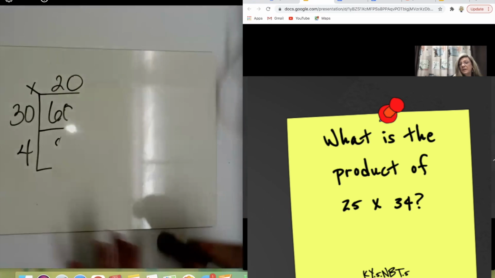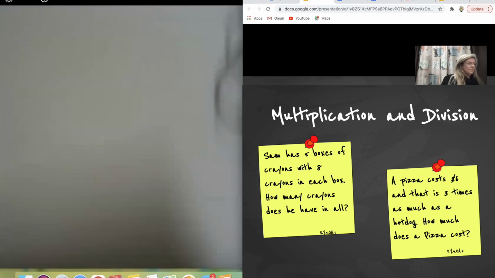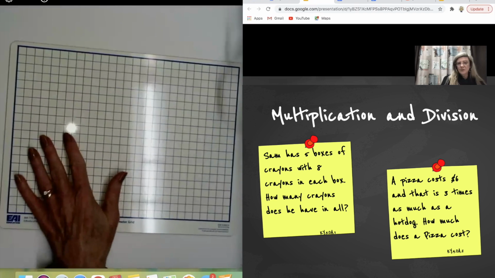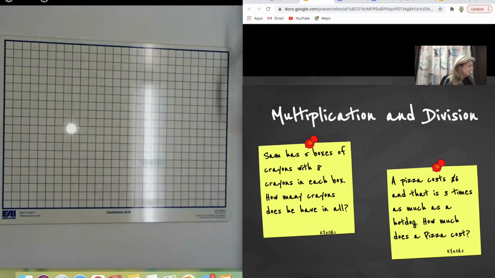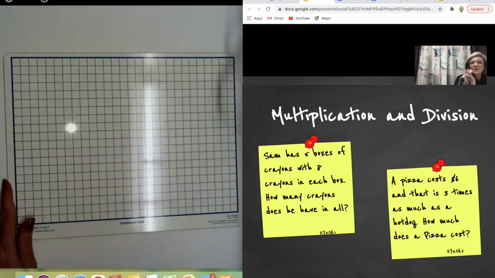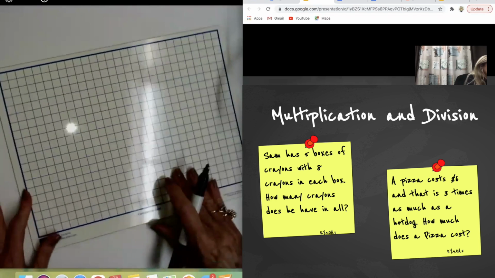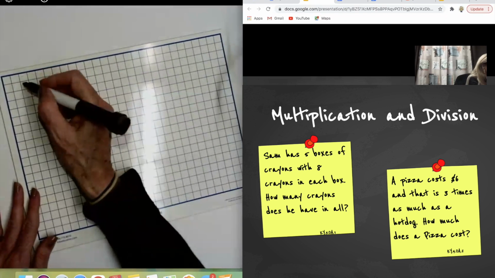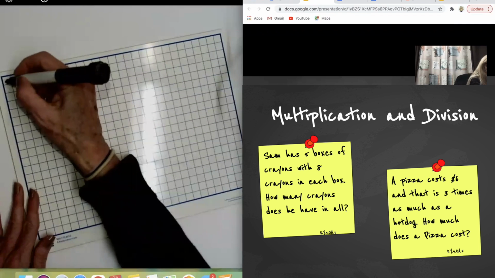Any questions on any of those? Let me back up and show you how to do this multiplication with this grid board that we gave you, because it is a very nice tool. So if you wanted 5 boxes of 8, or 5 rows of 8, talking about rows and columns, we can have 5 rows.